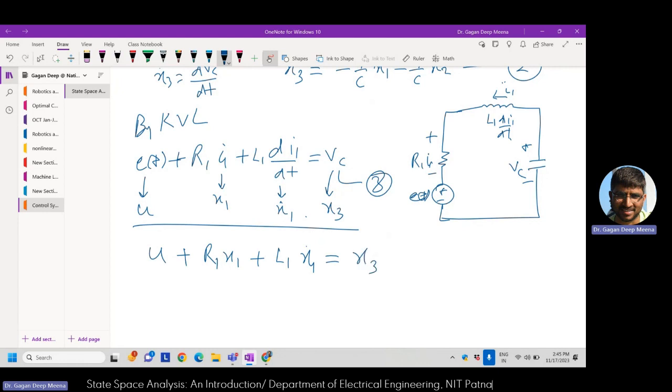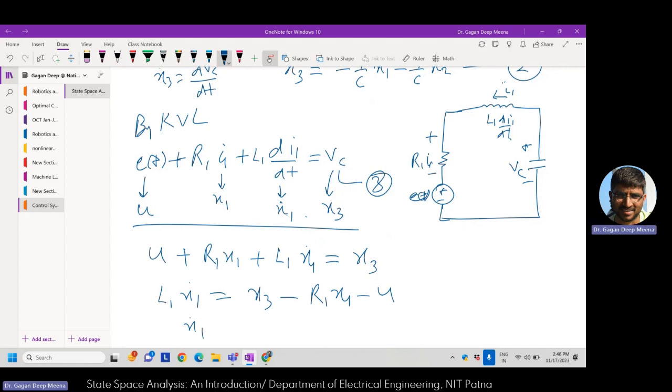And I have to write it as x1 dot equals to it. I have to make it a first order differential equation. So that would be L1 x1 dot equals x3 minus R1 x1 minus U.